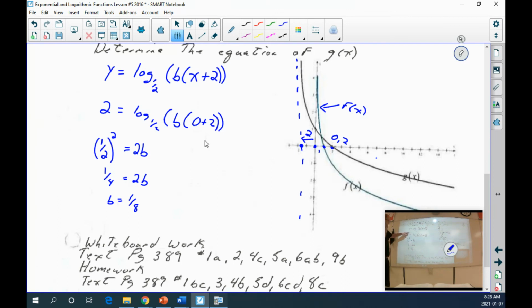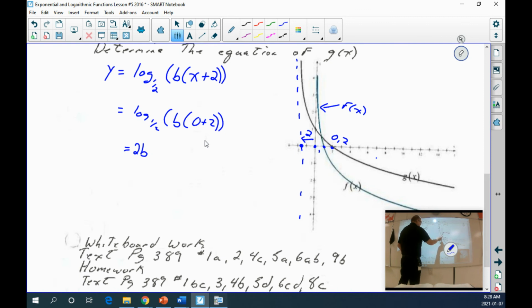The point that I'm plugging in here is 0, 2, so I had done that correctly.